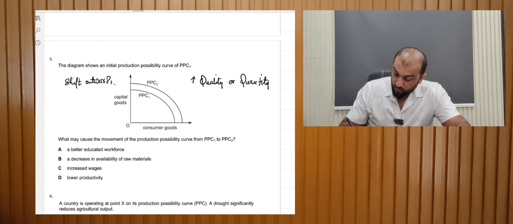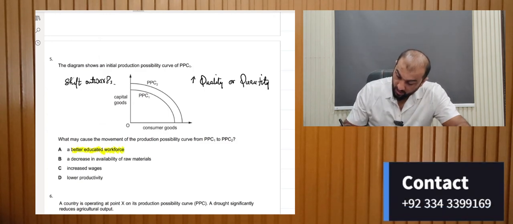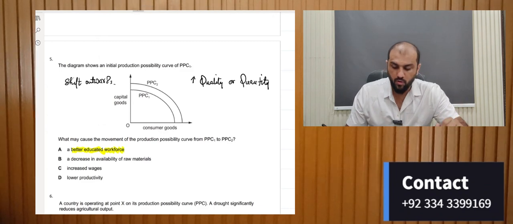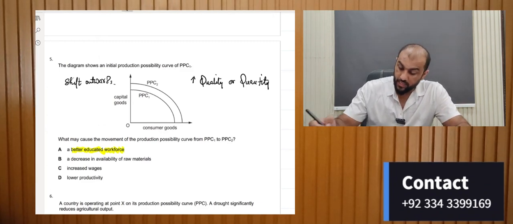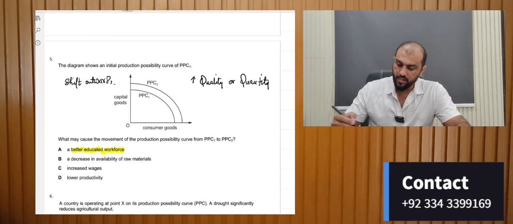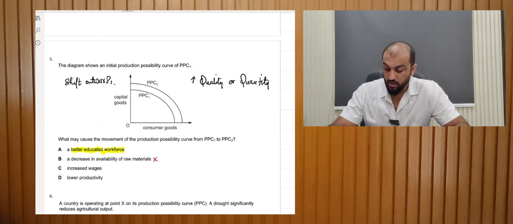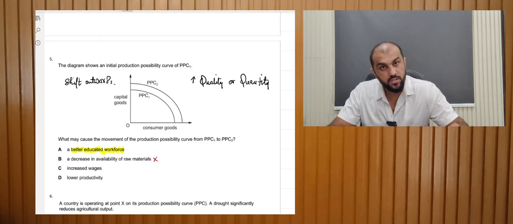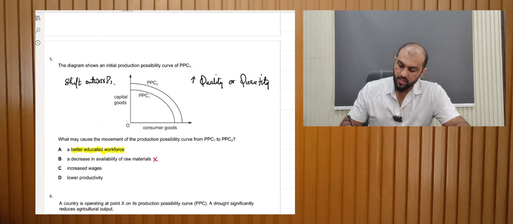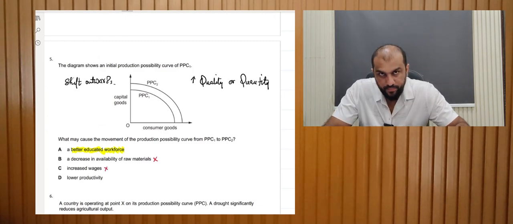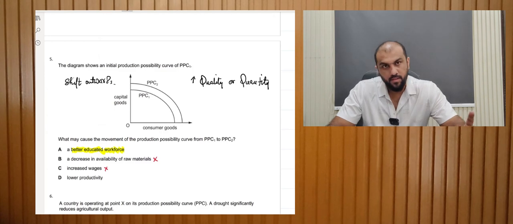Better educated workforce seems to be the right answer. Reason: this increases the quality of labor. A decrease in availability of raw material is incorrect because the PPC would then shift inwards. Increase in wages has nothing to do with a shift in the PPC, and this is a misconception.